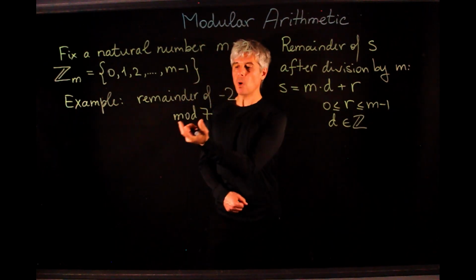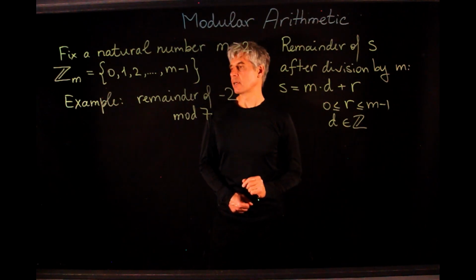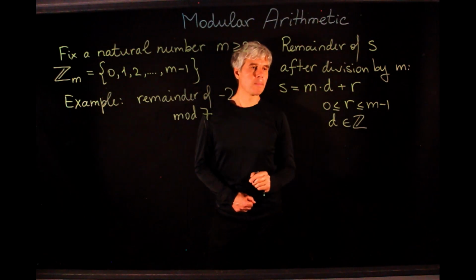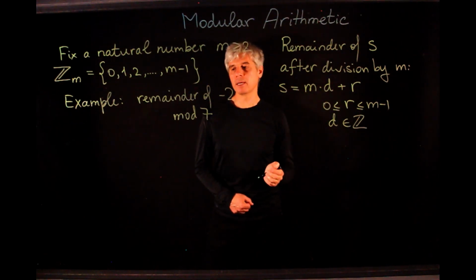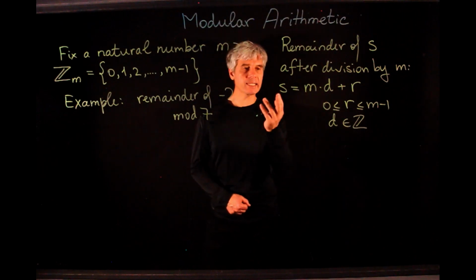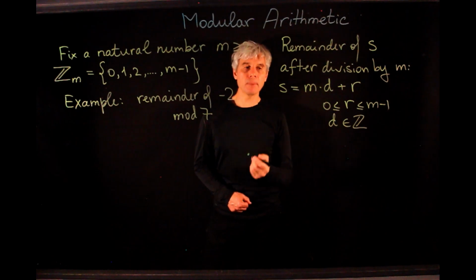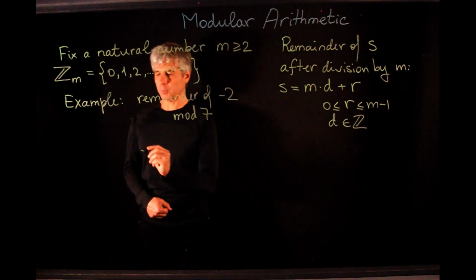So when we write mod, this indicates that we are dividing by 7 with the remainder. So when s is positive, we subtract multiples of m. And when s is negative, like negative 2 in this case, then we add multiples of m, or 7 in this particular case.